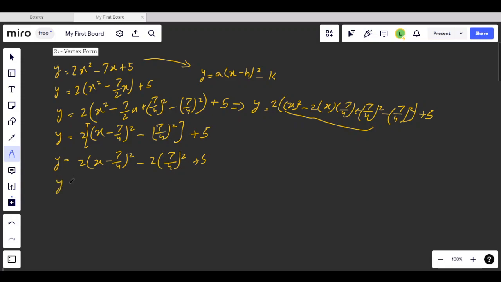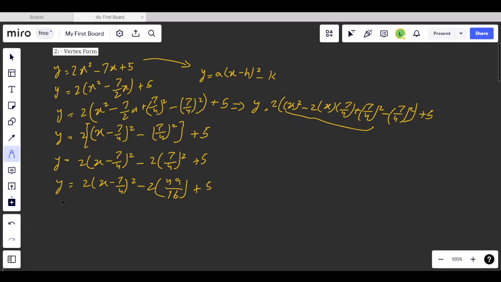We can see that this will become 2 into (x minus 7 by 4) whole squared minus 2 into, we take the squares of 7 and 4. 7 squared is 49, and 4 squared is 16, plus 5.